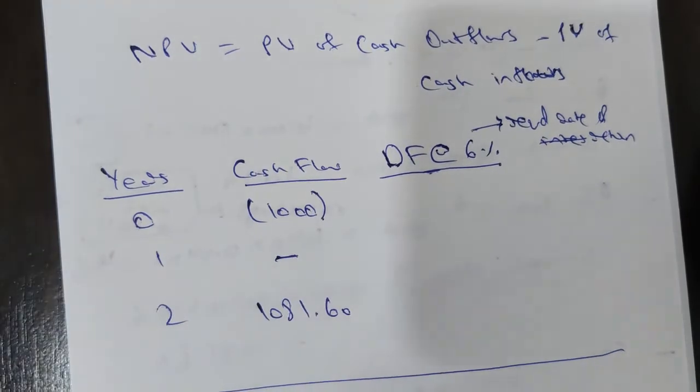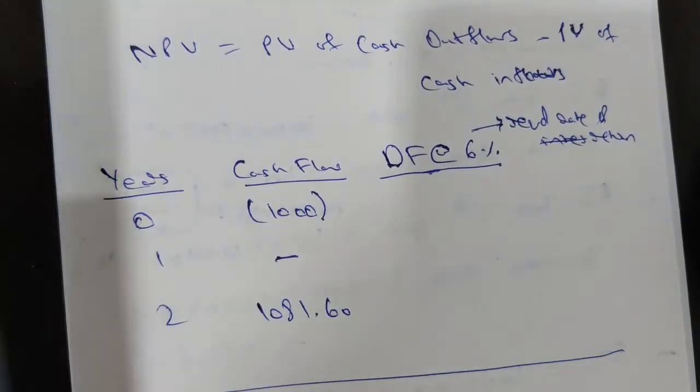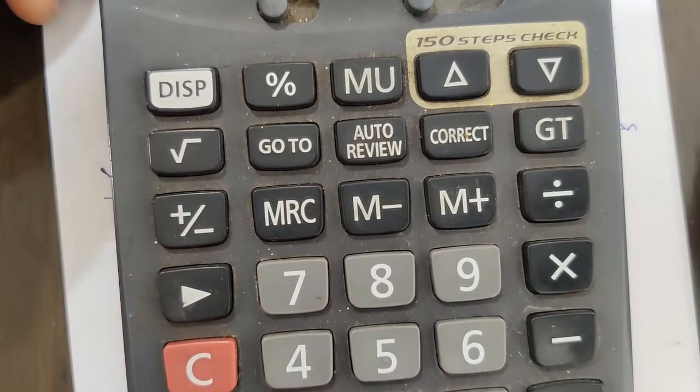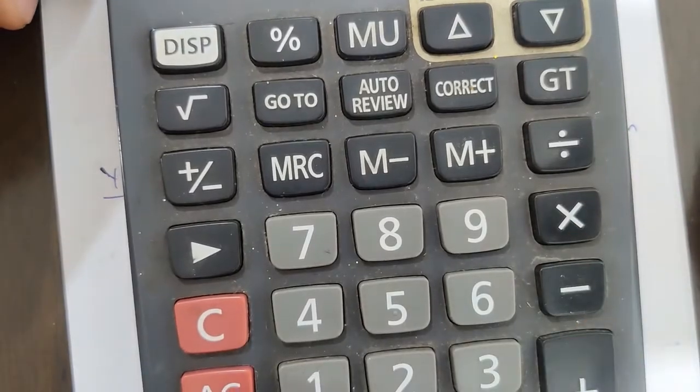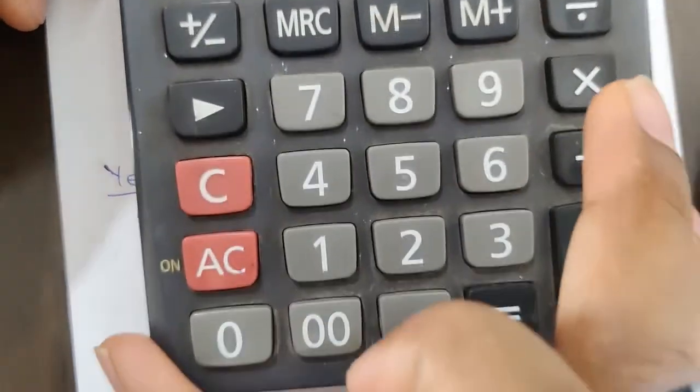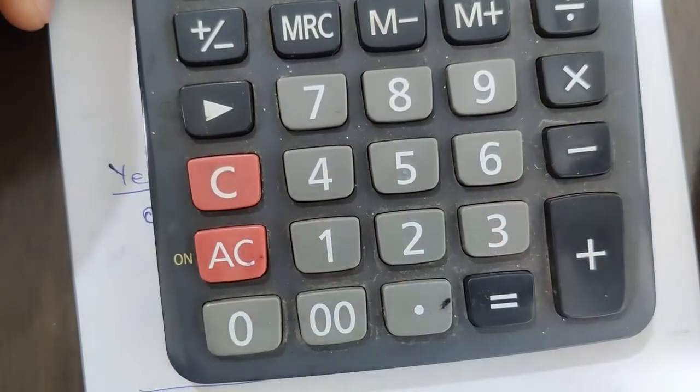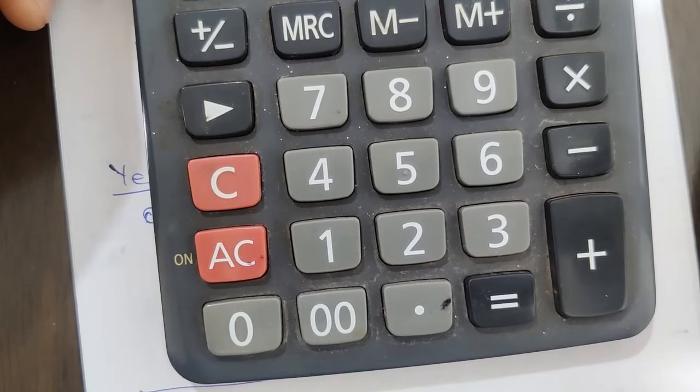So at year 0 it would be 1, then 1.06. Now again here we are assuming annual compounding.